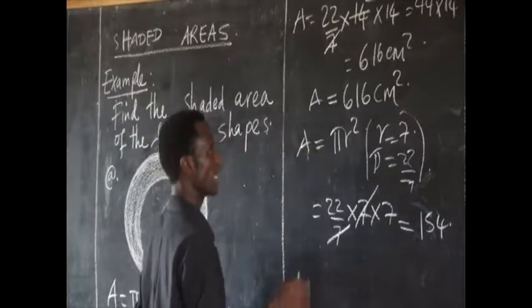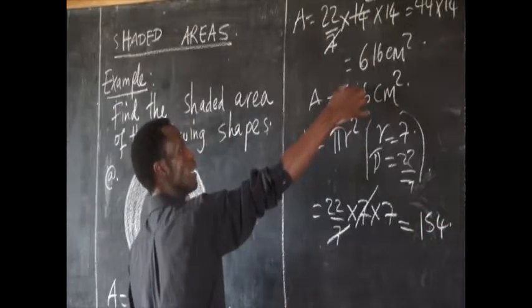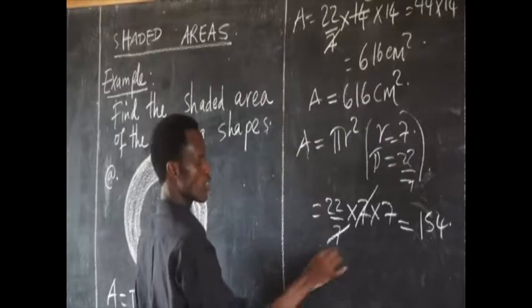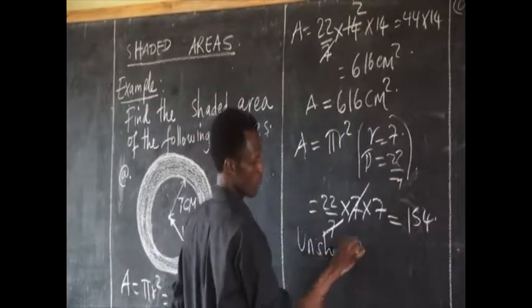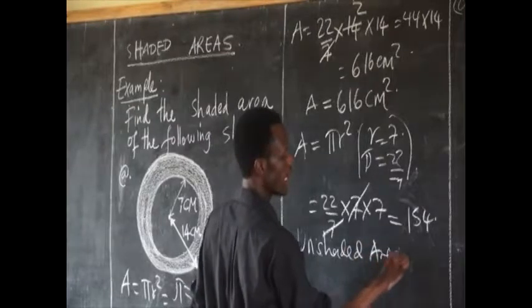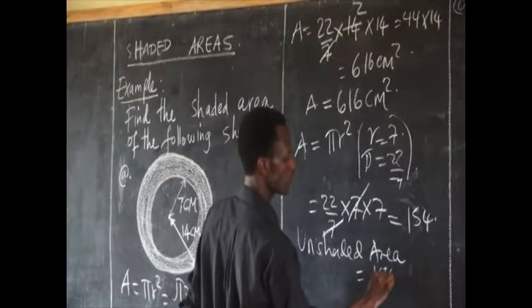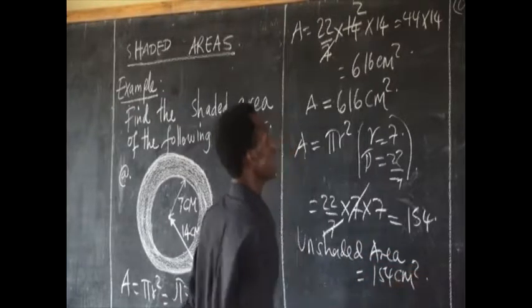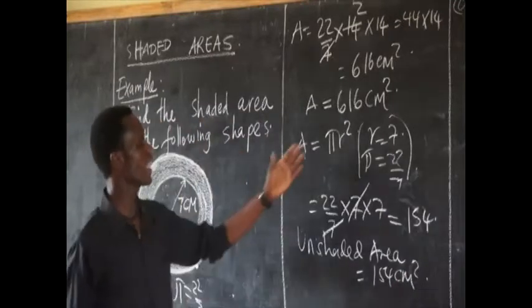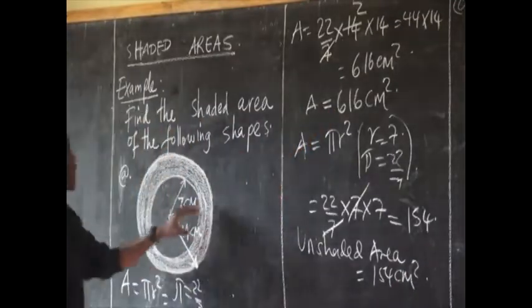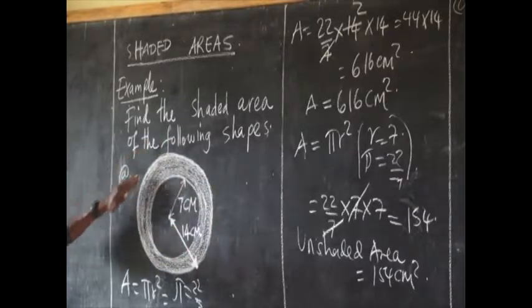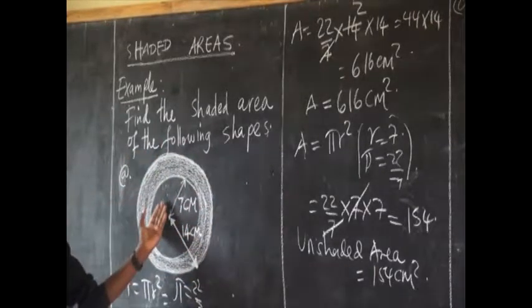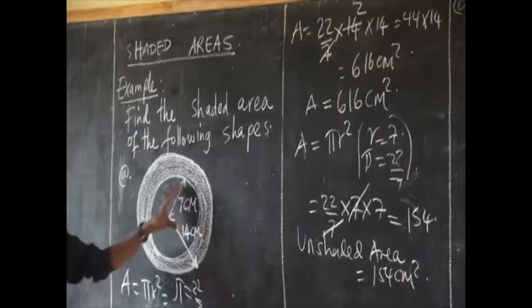Now this is the unshaded area, and this is the area of the whole. The unshaded area is equal to 154 centimeters squared. If you want to get the shaded area, remember I've said, you find the area of the whole circle, and then you remove the unshaded area.